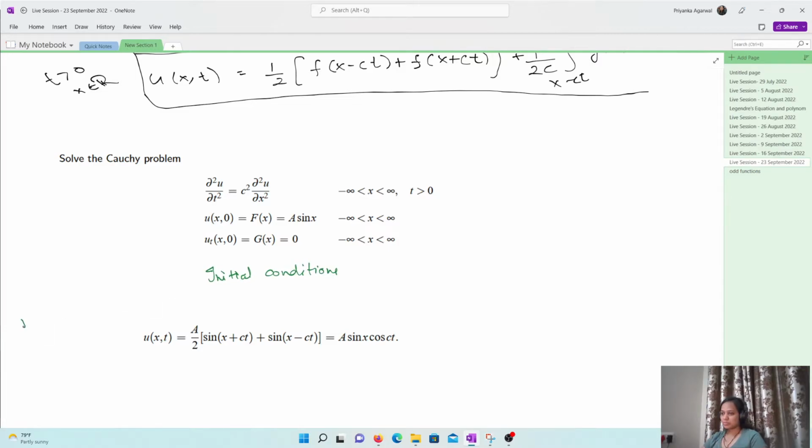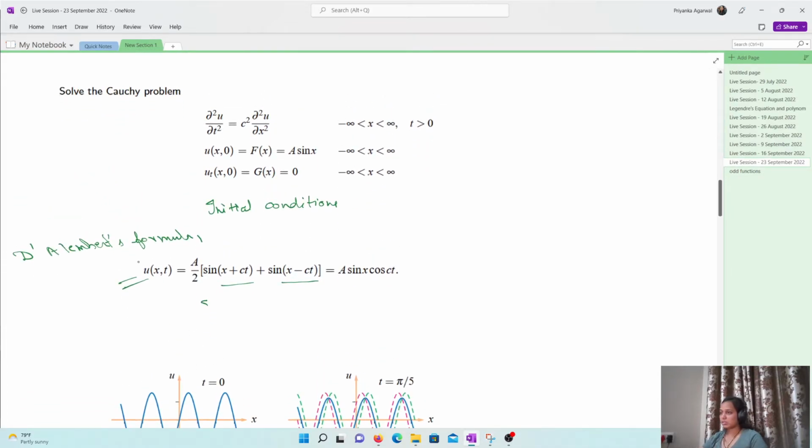So now again from d'Alembert's formula, we can write u(x,t) to be a by 2 f of, it's a similar case as above. So a is common: sin(x plus ct) plus sin(x minus ct). Here the value of c is not given, and if you simplify it, again if you just open it, this is sin a cos b plus cos a sin b.